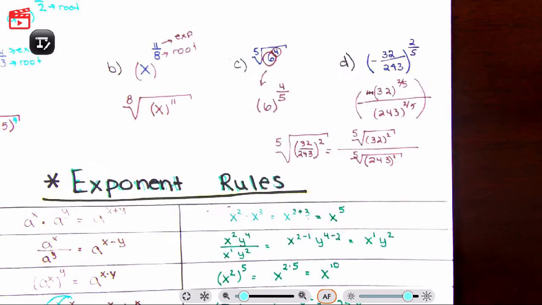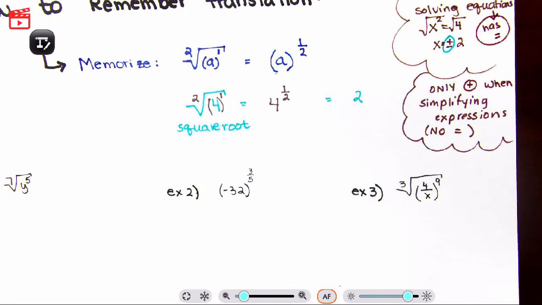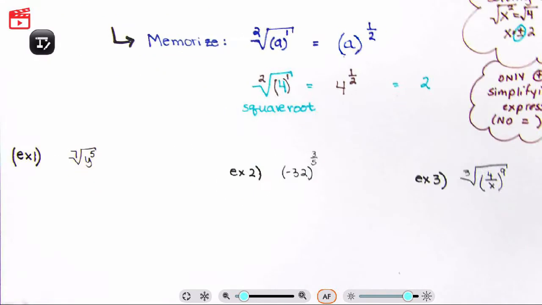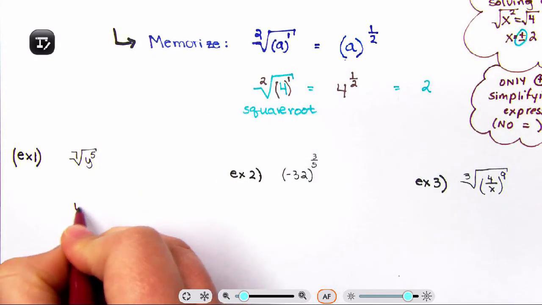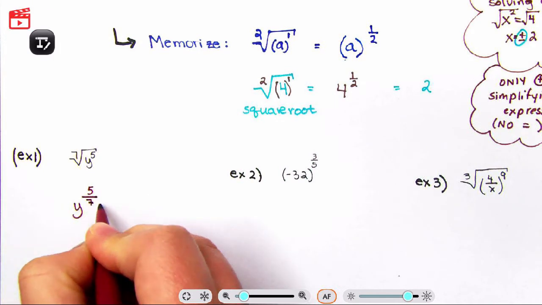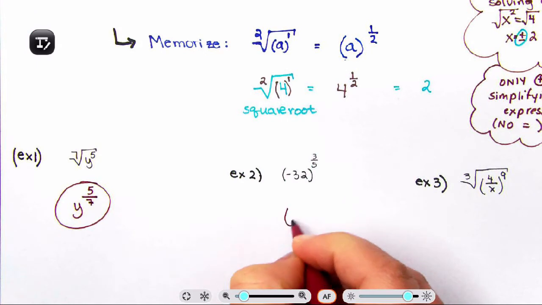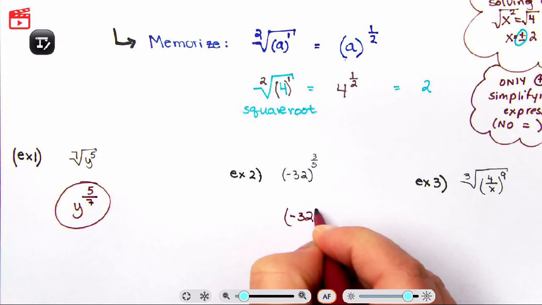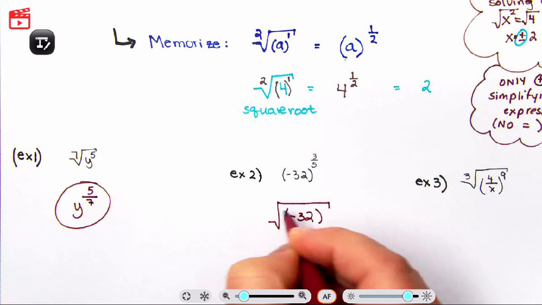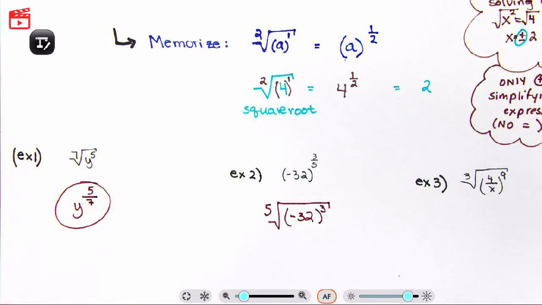All right, let's go ahead and do just a few more examples. Again, we're just translating these. Simplify if you can. So we have y is equal to, what's my exponent? 5. My root is 7. Here our bubble is negative 32. Again, we're writing it as the 5th root of negative 32 cubed.